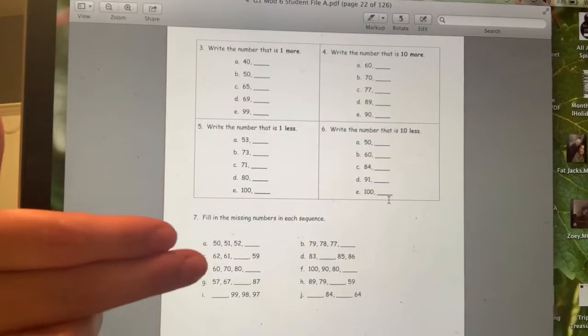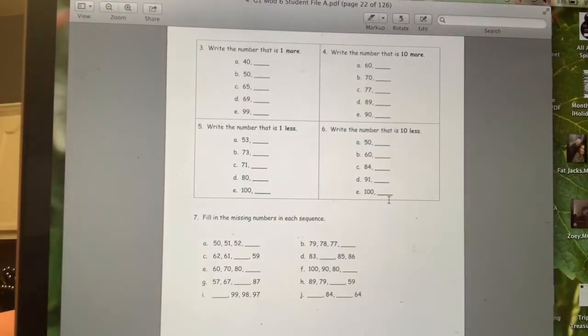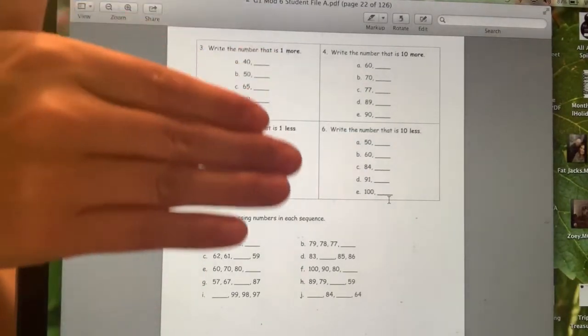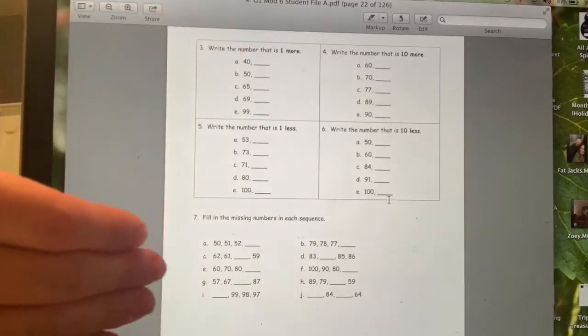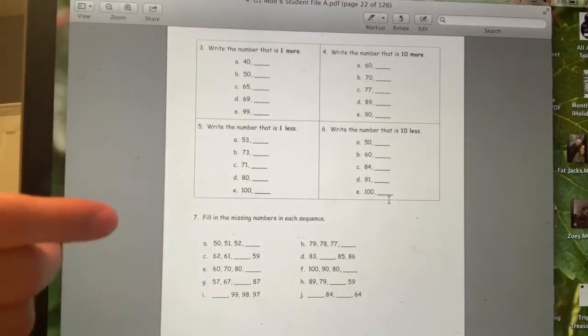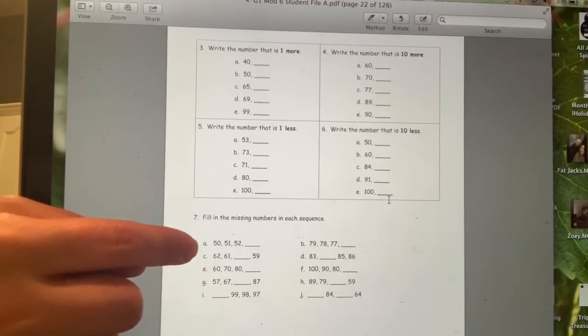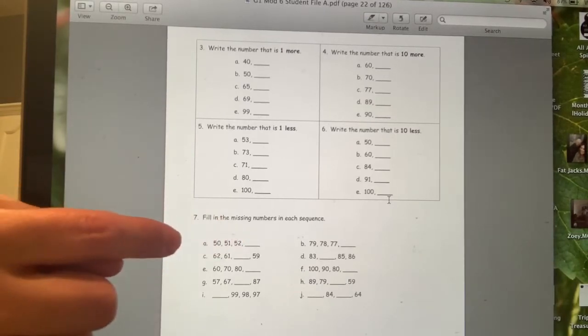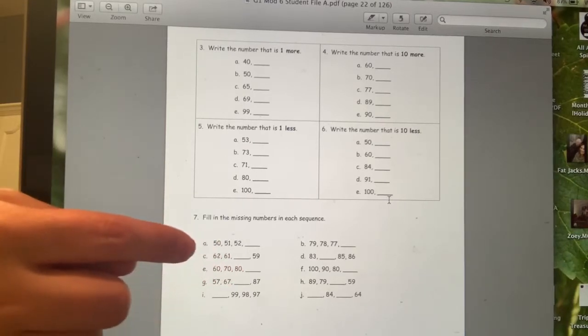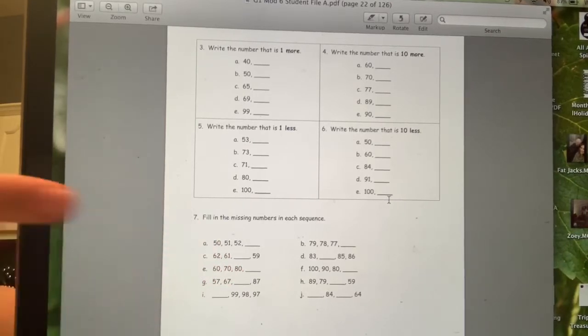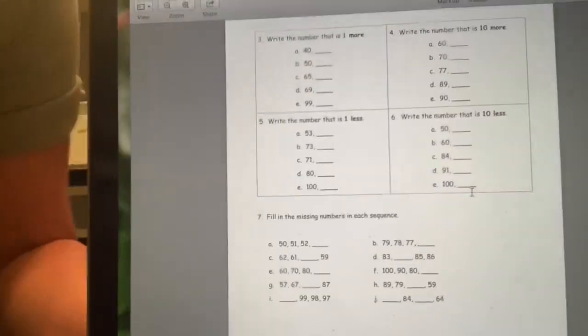And at the bottom, you have to notice the sequence. Remember, I told you as you do these pages, they get harder. So now here's the really hard part at the bottom, where you have to pay attention to how it's counting. Is it counting up? Is it counting down? Let's do an example.